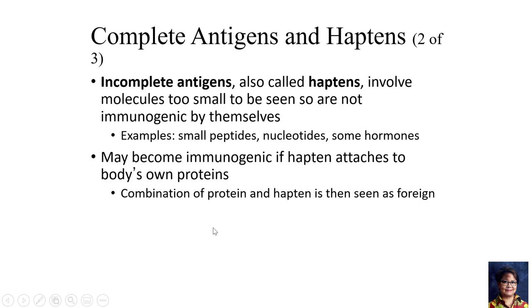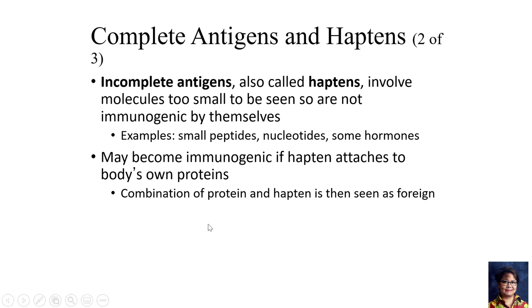The incomplete antigens are the smaller ones. You call them haptens. The involved molecule here is clinging to a very small protein, and they don't seem to be immunogenic just by themselves. These are small peptides, nucleotides, and some hormones.